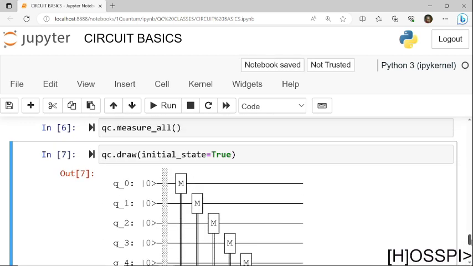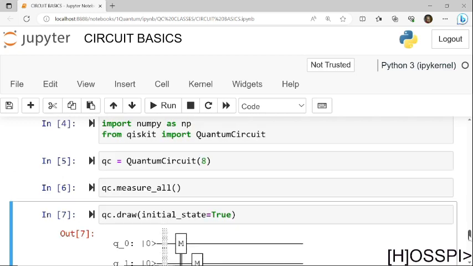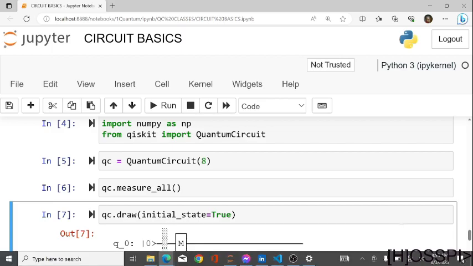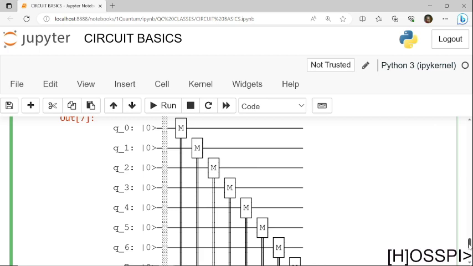So that's all it gave to us. After we imported our library, from qiskit import QuantumCircuit, we now have qc, a variable name which is holding our quantum circuit, which has 8 qubits in it, and these are our 8 qubits to measure all. And now it gives me the output, qc dot draw.